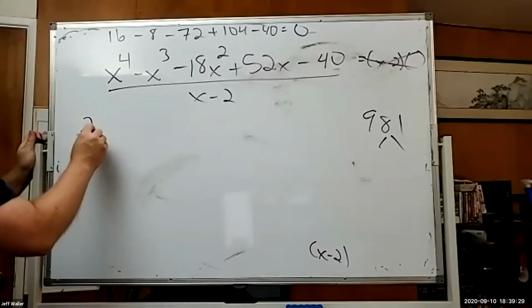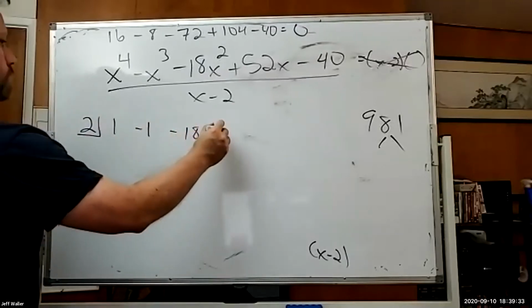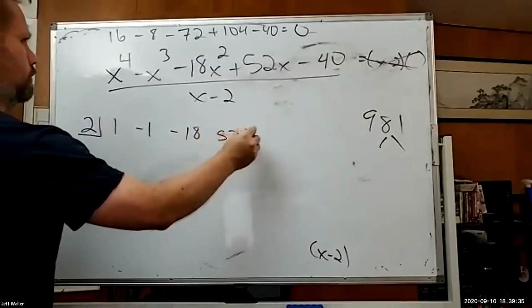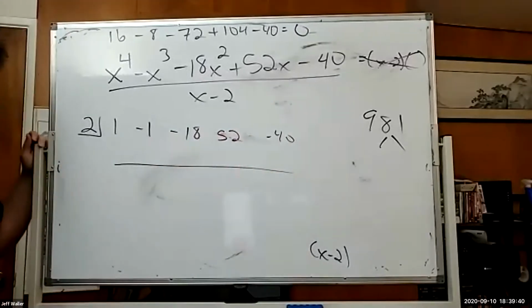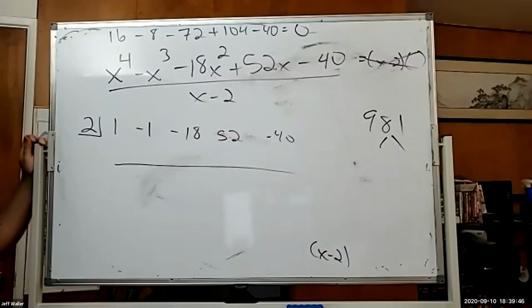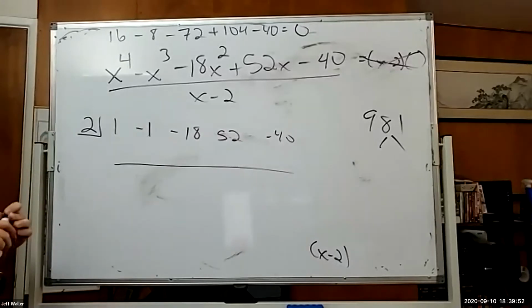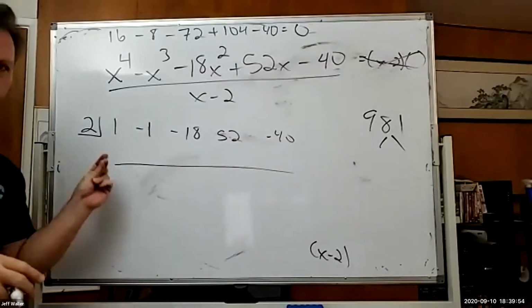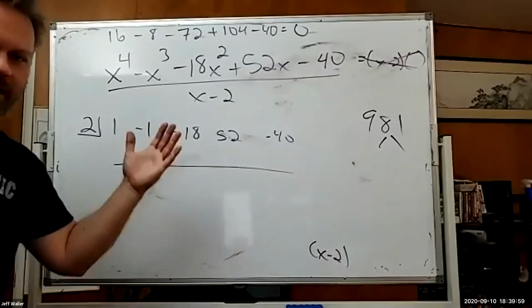Sort of catch up here a little bit. All right. So if you get the idea, you're done by now. If you don't understand, I don't care how much time I give you.